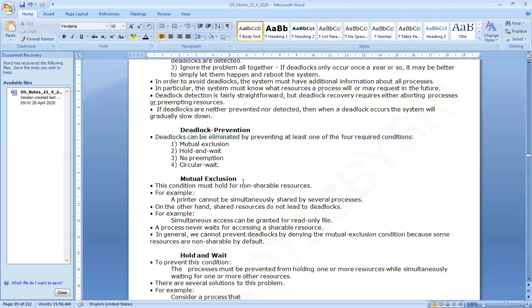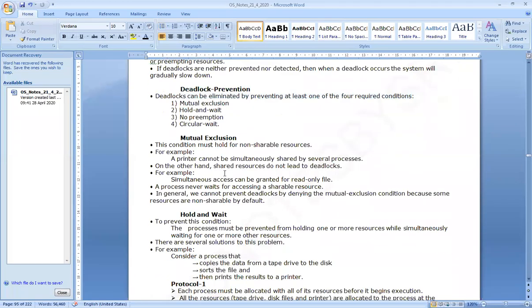The first point in the prevention of deadlock is mutual exclusion. This condition must hold for non-shareable resources. For example, a printer cannot be simultaneously shared by several processes.